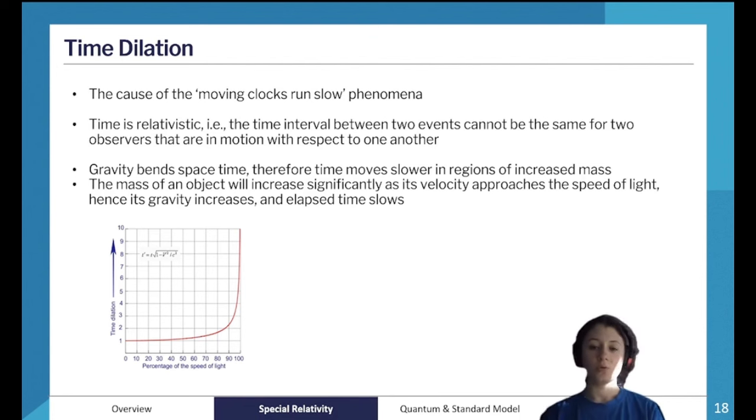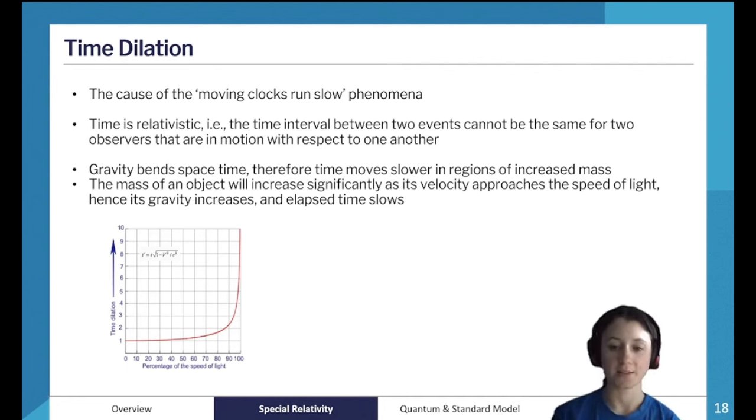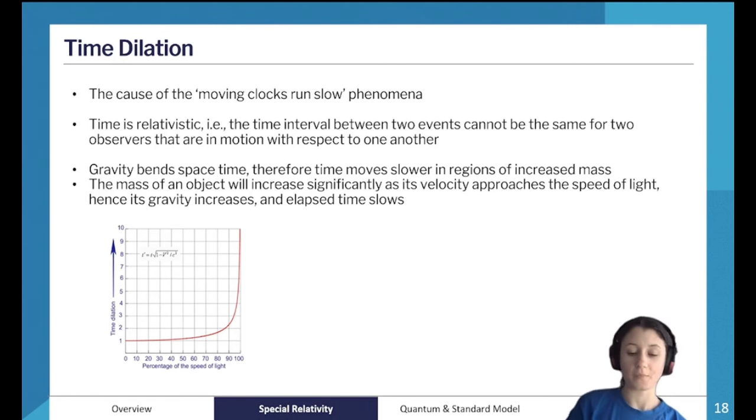We know that the speed of light, c, is constant in a vacuum.